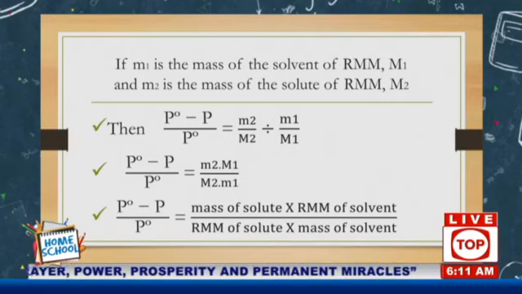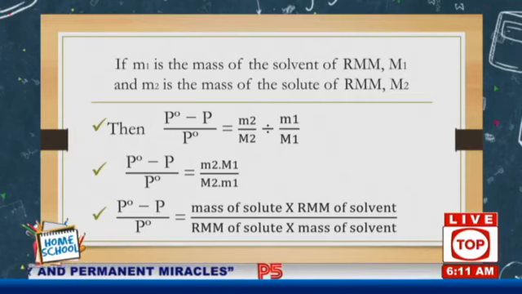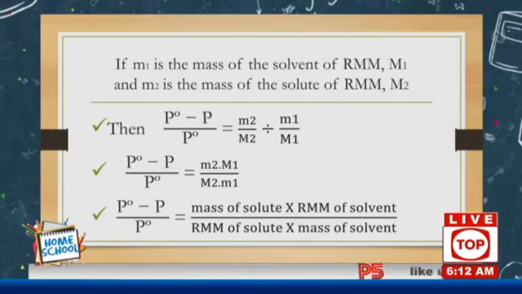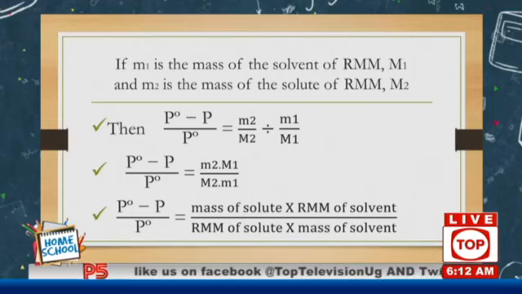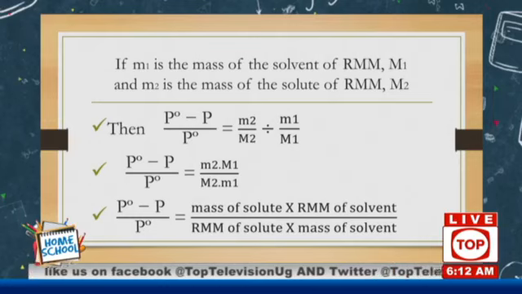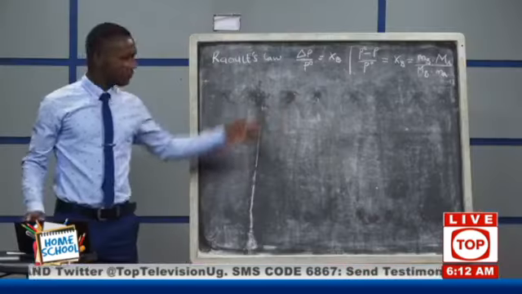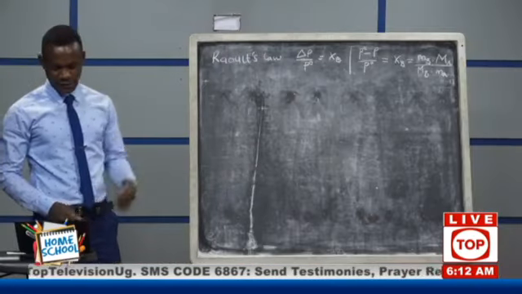You can see there is an expression giving mass of solute multiplying by relative molecular mass of the solvent divided by relative molecular mass of solute times the mass of solvent. Okay, that's what we got. So all that one was discussed yesterday and the other day.